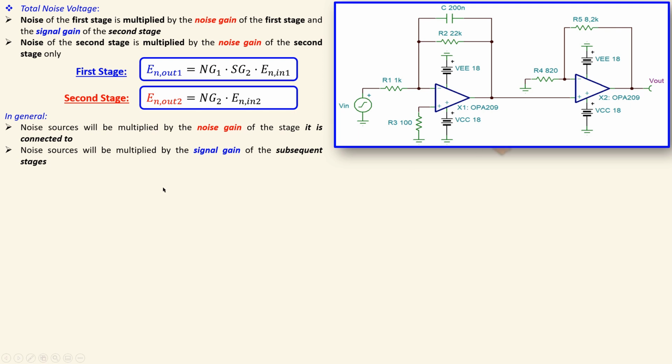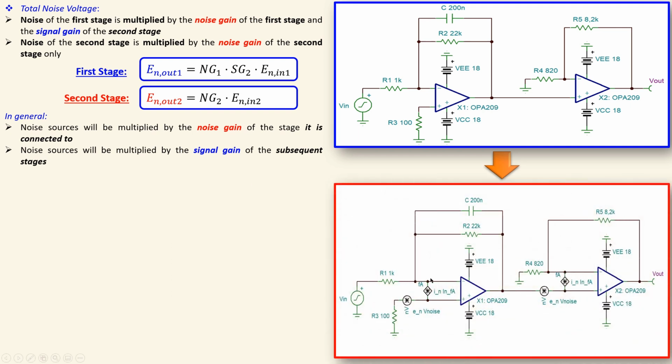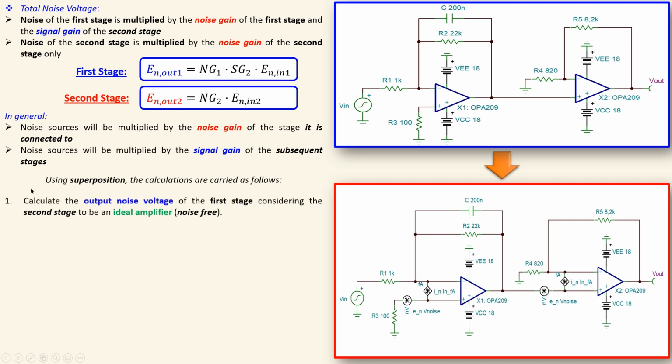considering of course the superposition principle. So if I now move from the actual circuit to the model of the circuit using the noise current source and noise voltage source of the op-amp, also doing that for the second stage, you will get this circuit. So using superposition, the calculations are then carried out as follows. Calculate the output noise voltage of the first stage, considering the second stage again noise free, so it is an ideal amplifier.